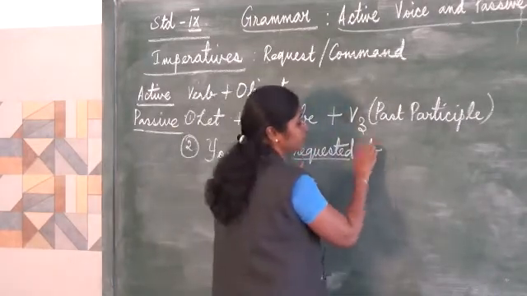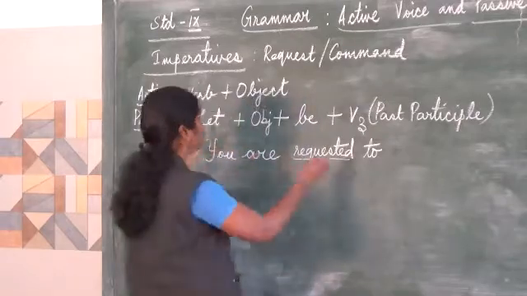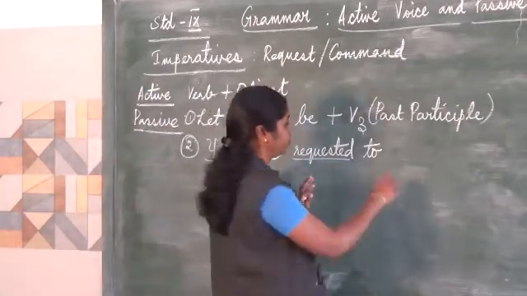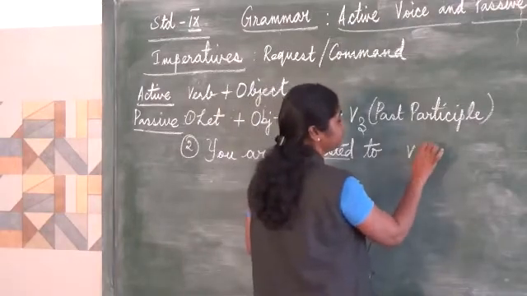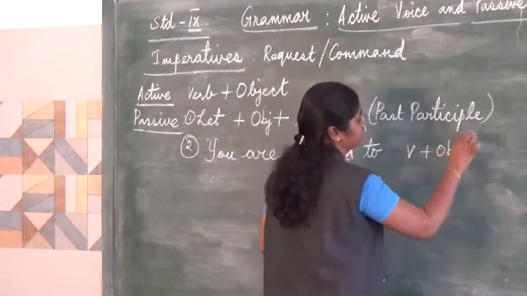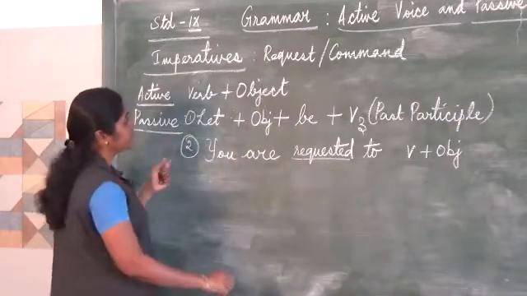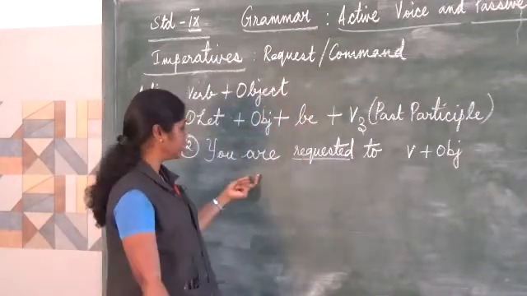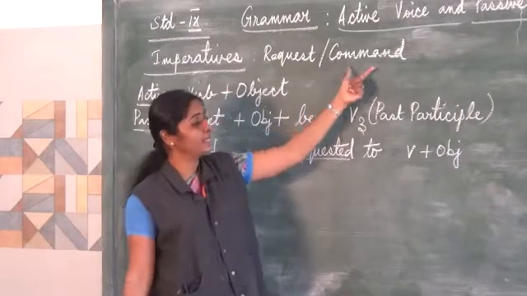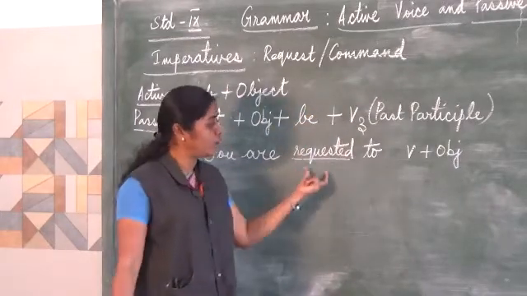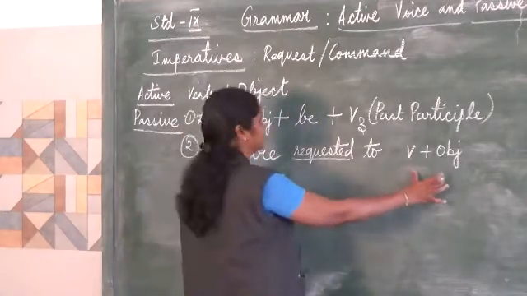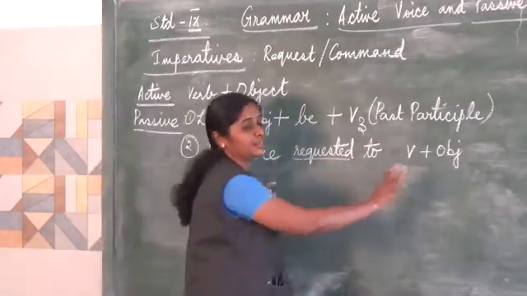You are requested to, then whatever you have got in the question, you can just reproduce it again: you are requested to, then verb plus object. Is it clear? If the given sentence is a command, an instruction or an order, you can write it as you are commanded to, you are ordered to, you are instructed to. Then the rest, whatever is given in the question, you can write as it is.